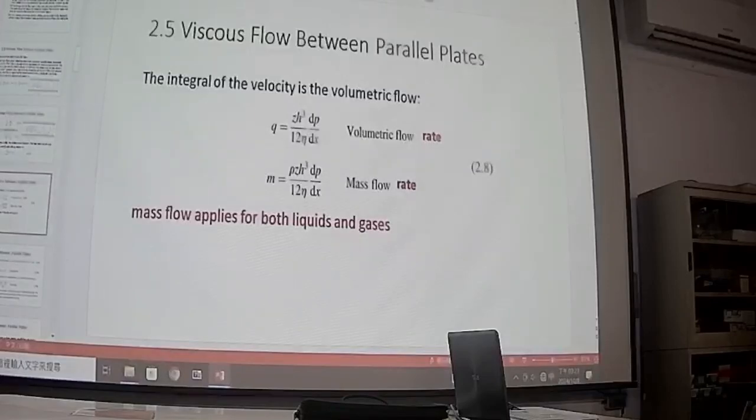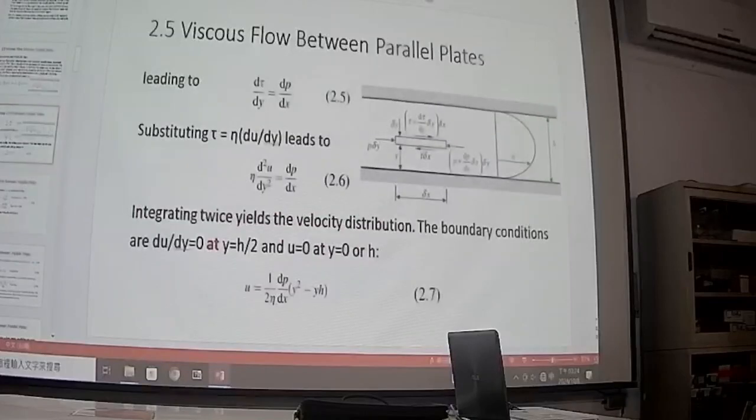This formula can apply to both liquids and gases, which means this volume flow rate and mass flow rate equation can be used for both hydrostatic bearing and aerostatic bearing. It's the same flow between the parallel planes.